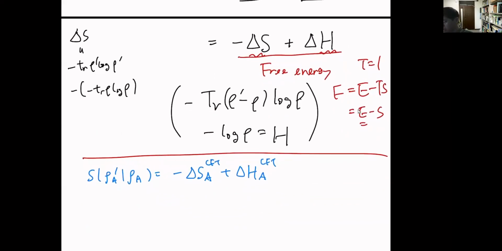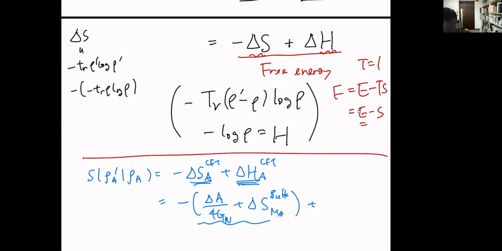And this term is minus delta area, using the one-loop corrected holographic entanglement entropy, plus the bulk term, delta S bulk M_A.